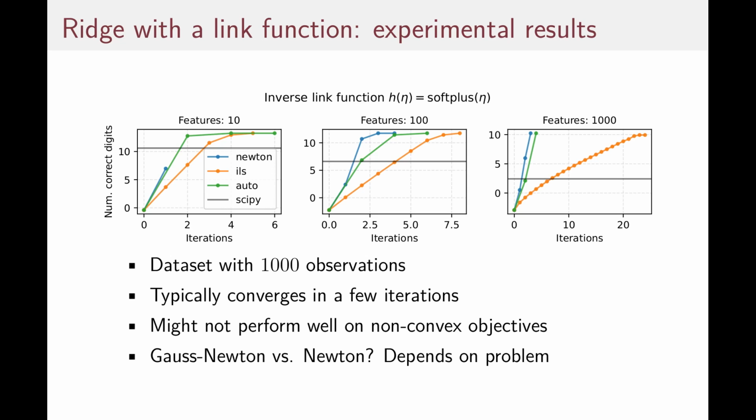This might not perform well on non-convex objectives. We saw that already, that we have to make sure the Hessian is positive definite, so we get a sensible step length. But even then, you can't always trust that the step length given by the Hessian is good. So what we typically do is some kind of line search.